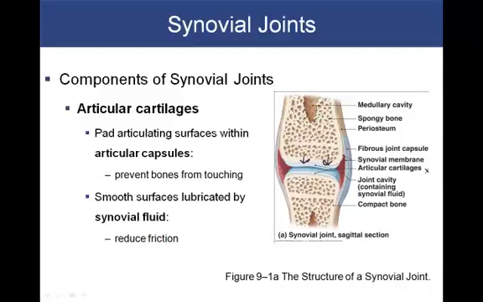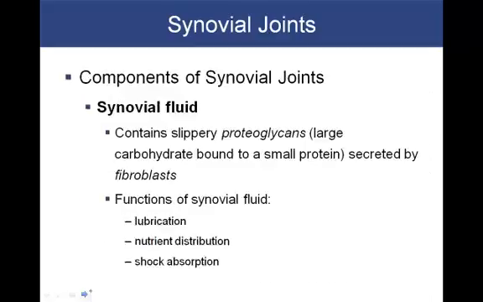The function of the synovial fluid is to reduce the friction. So the two long bones actually do not touch. There's always a thin layer of fluid between those two bones. Synovial fluid is very similar in composition to the interstitial fluid.